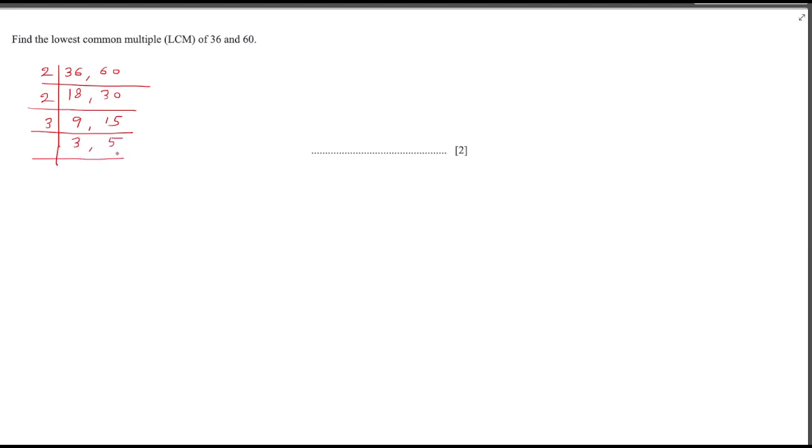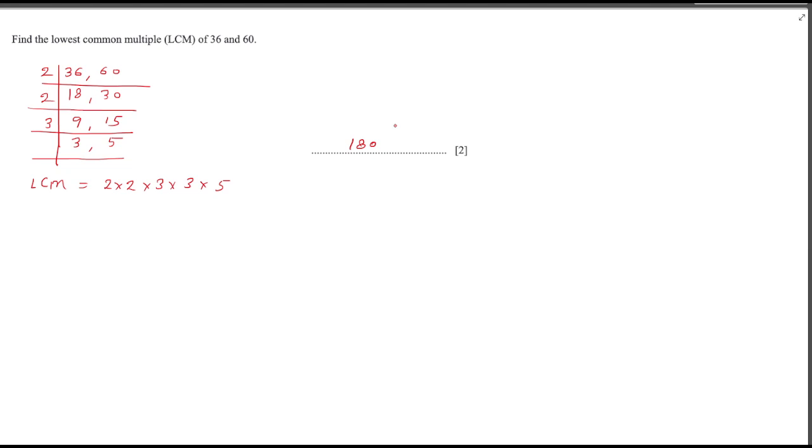Now this 5 and 10 are not divisible by any number, so my LCM will be 2 times 2 times 3 times 3 times 5. So 2 times 2 is 4, 4 times 3 is 12, 12 times 3 is 36, 36 times 5 is 180. So 180 is my LCM.